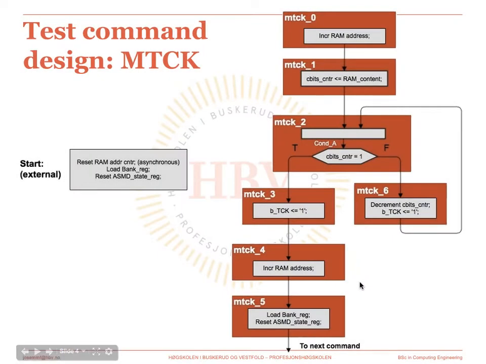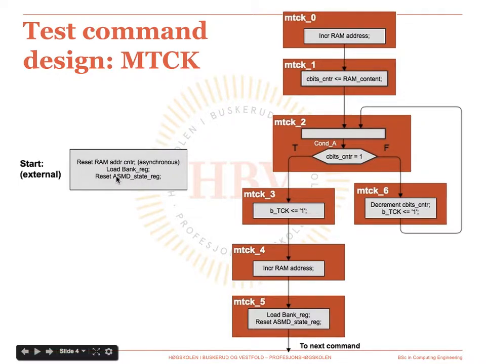But let's look into a specific example to explain how this architecture works. We will consider the MTCK, or multiple test clock command for this purpose, because this is an intermediate complexity command. The reset and TMS commands are simpler than this one.